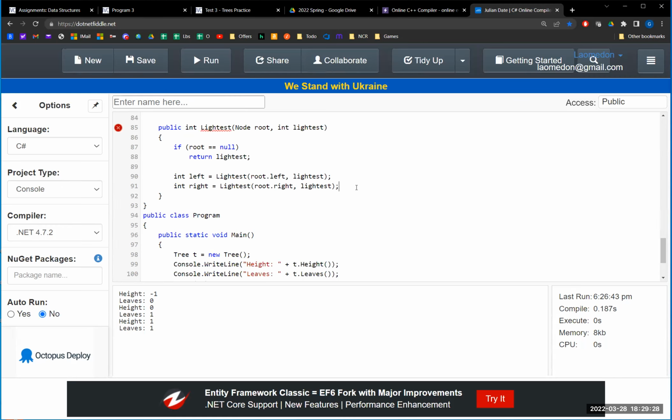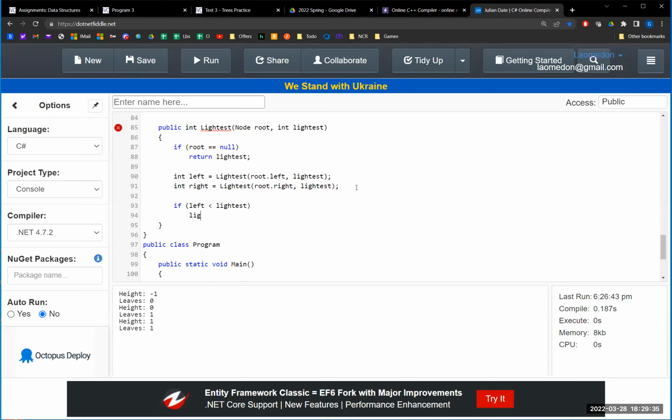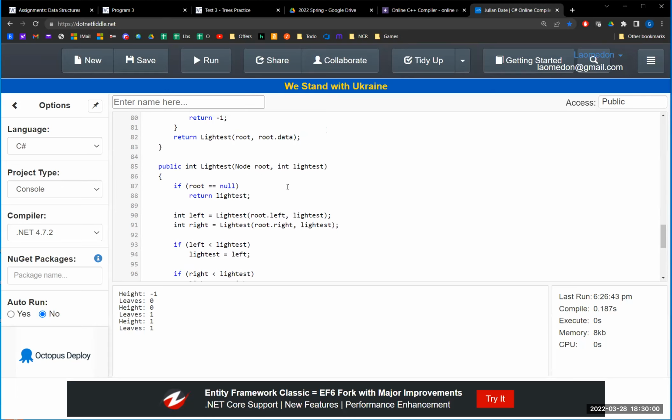Otherwise, if left is less than lightest, lightest goes left. If right is less than the lightest, then lightest equals right sort of thing. It feels like I'm spelling that wrong. And we return back the lightest data at that point.